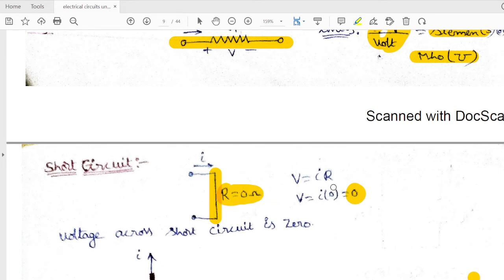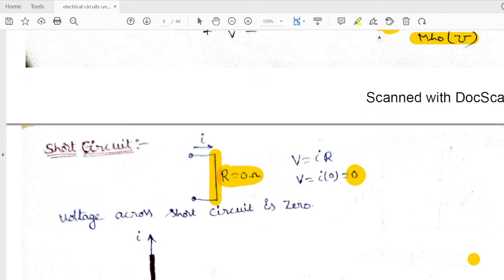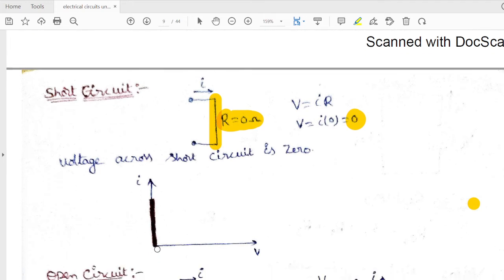Even though the voltage is 0, we are getting a huge current flowing through the circuit. If I bring this 0 to this side, V by 0 becomes I, 1 by 0, anything by 0 becomes infinite, which means there is huge current flowing even though voltage is 0 in case of a short circuit.